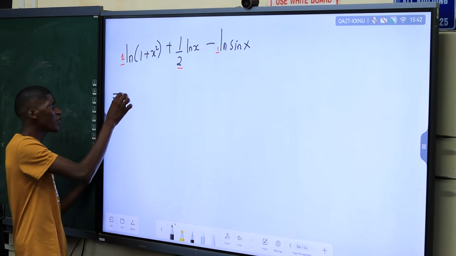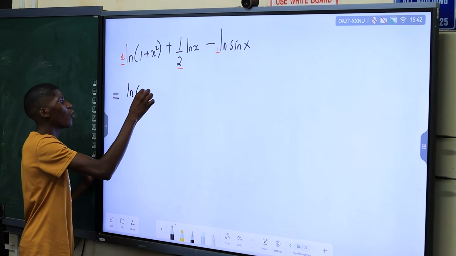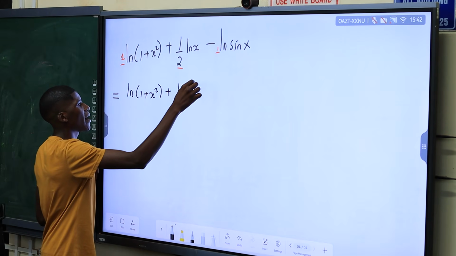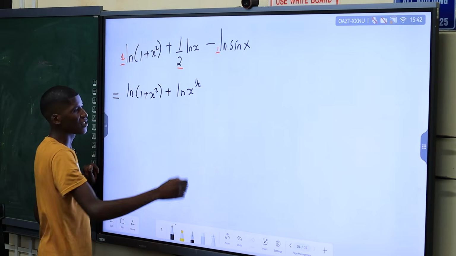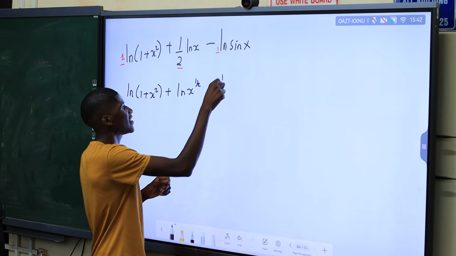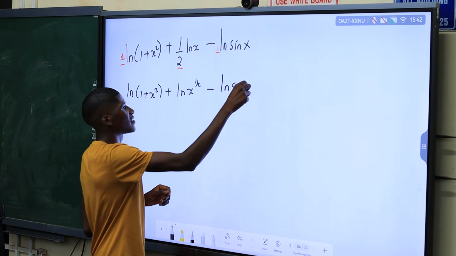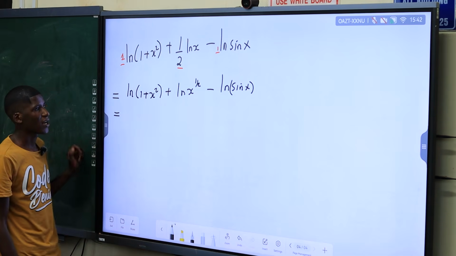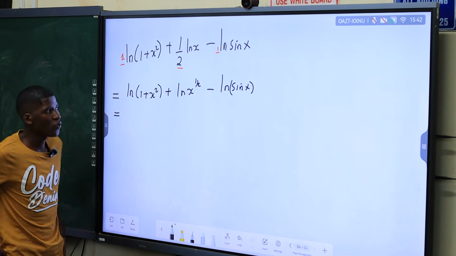So here, to do that, we have ln of 1 plus x squared plus ln of x to the power of half, minus ln of sine x. Now when you solve this, what are we going to get?